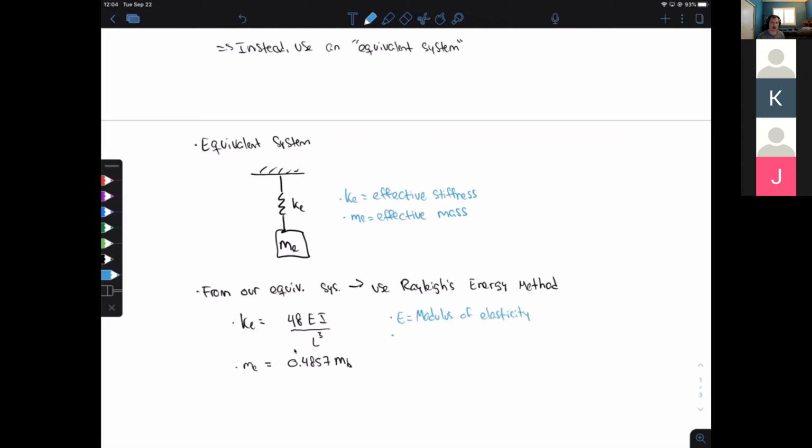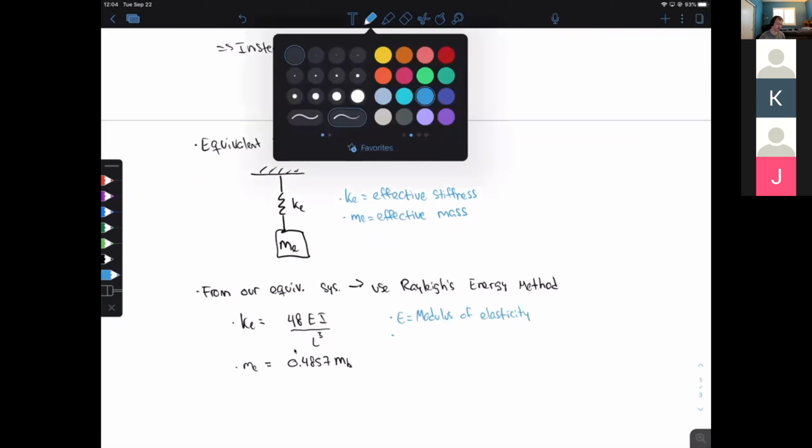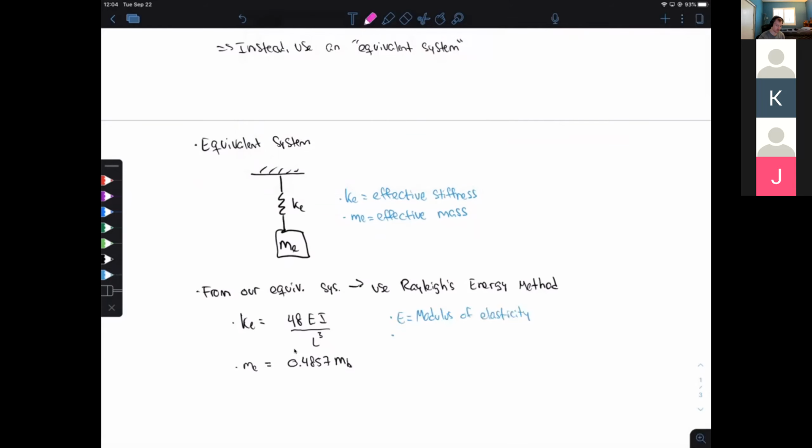I'm guessing it says it on the handout, but right now I kind of forget, so I'm going to make a little note for myself to check that. All right, I just forget off the top of my head.